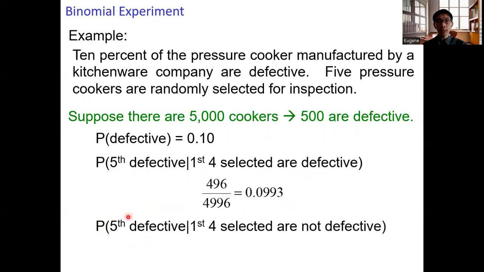And the same probability, given that the first 4 selected are not defective, is 0.1001. Quite close. And you can see that the probabilities are getting closer to each other when the number of cookers increases.